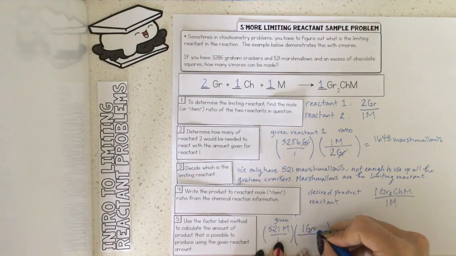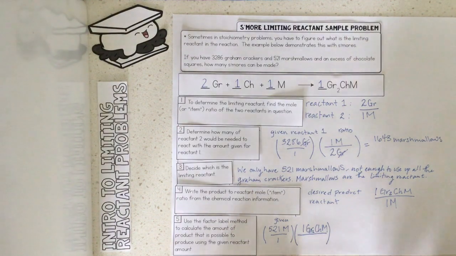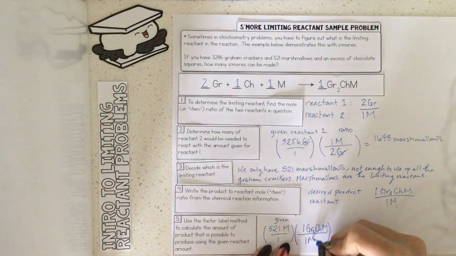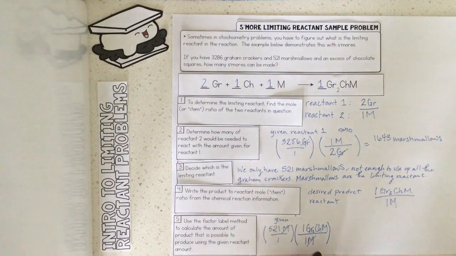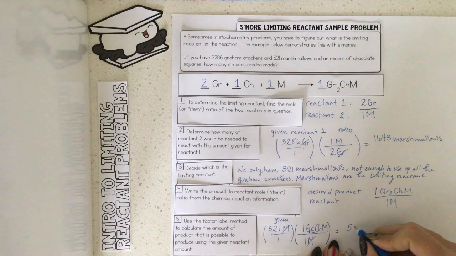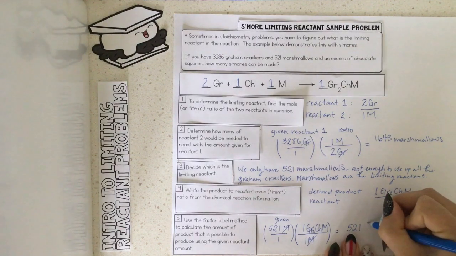Once more in the numerator, because we want to end up with s'mores. 1 marshmallow here so that we can cancel out our initial units. And as you can see, we're multiplying by 1. There is 1 marshmallow for every 1 s'more. So this is how many s'mores we can make.